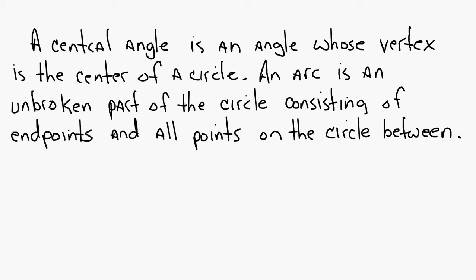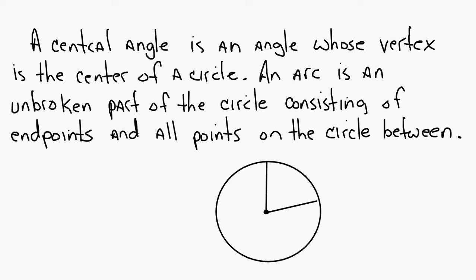So a central angle would look something like, you got a circle, right? That circle's got a center. A central angle is an angle whose vertex is the center of the circle. So that would be a central angle, wouldn't it? This would be an arc.